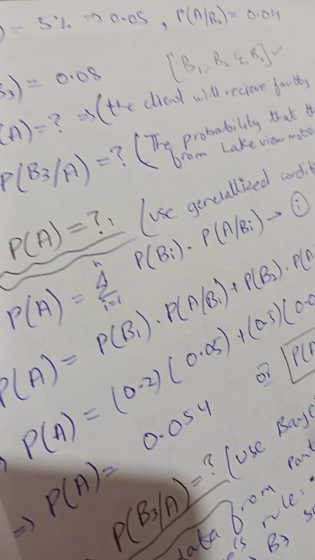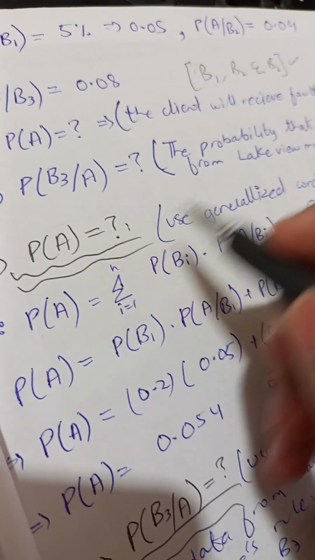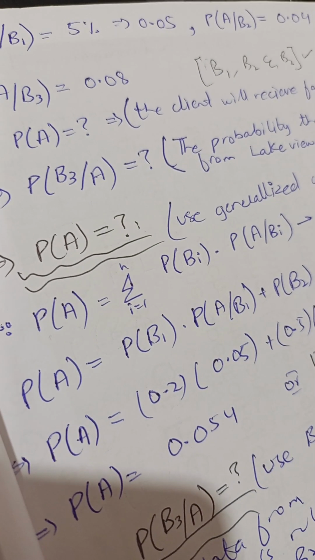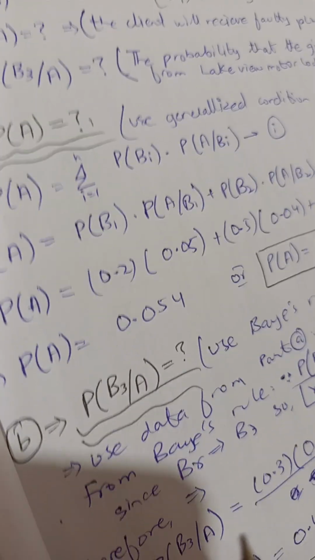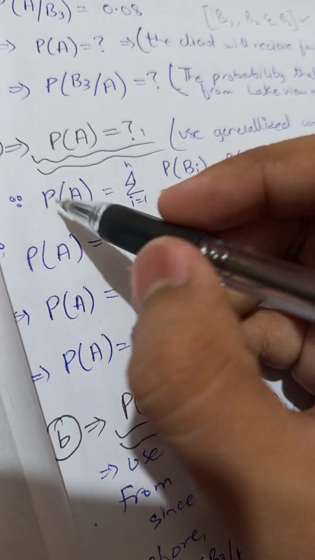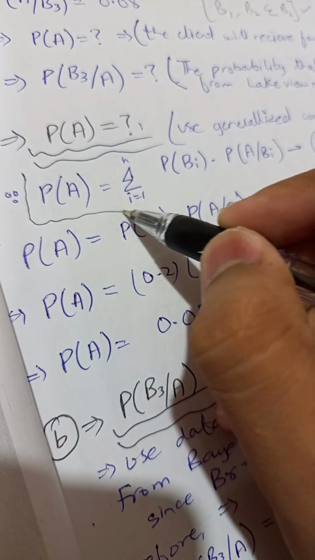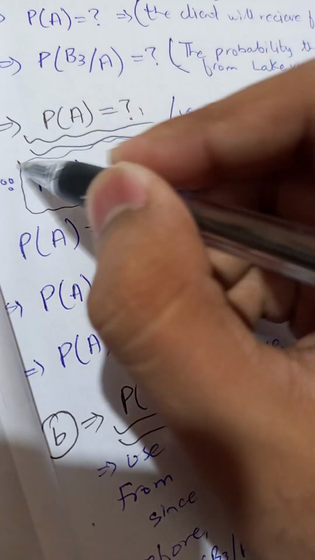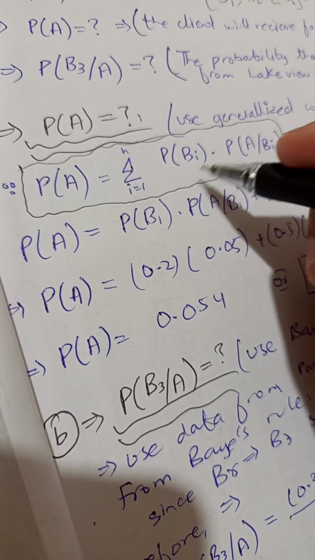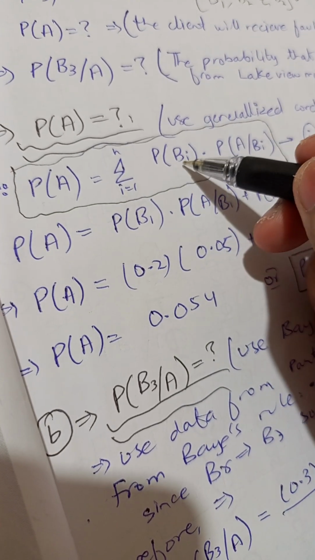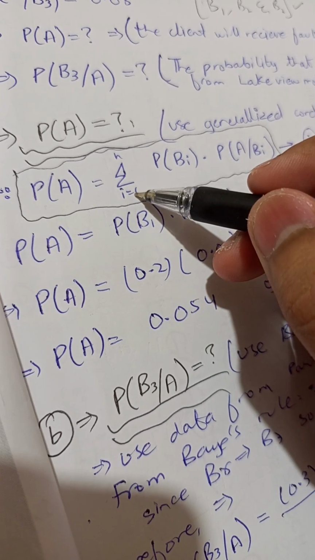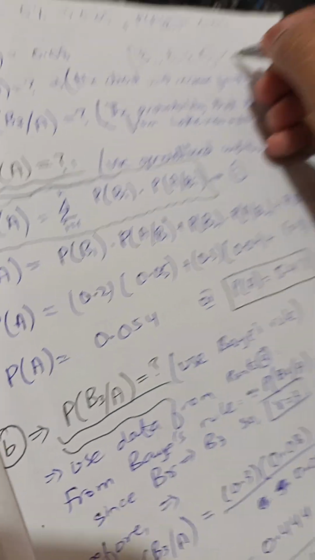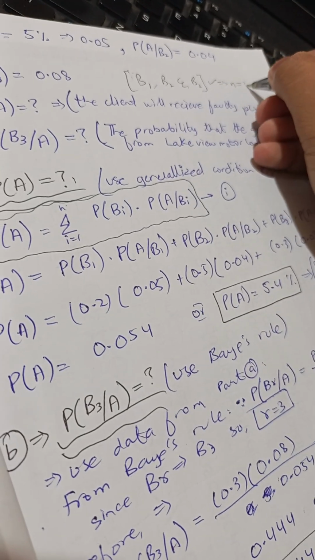So we are going to calculate the probability A by the generalized conditional probability. We should know the formula: probability A is equal to a summation, because we have different numbers of observations in terms of rooms, starting from i equals 1 till n. For our case, n is equal to 3.